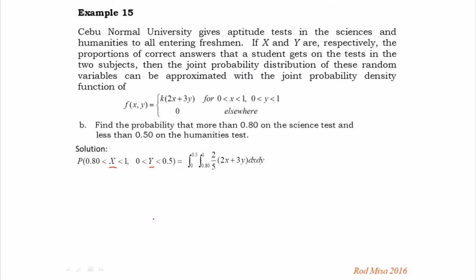So integrating this expression of 2x plus 3y with respect to x, the integral of 2x is 2x squared over 2. And the integral of 3y with respect to x is 3yx, since y here is treated like a constant because we are integrating with respect to x.